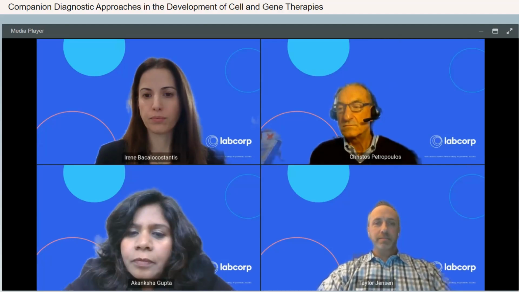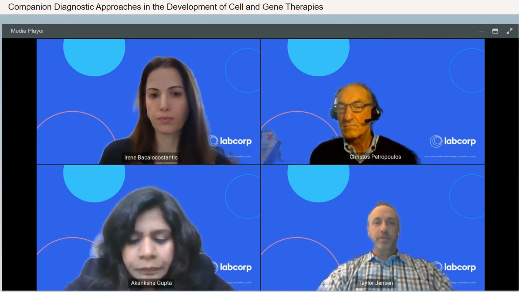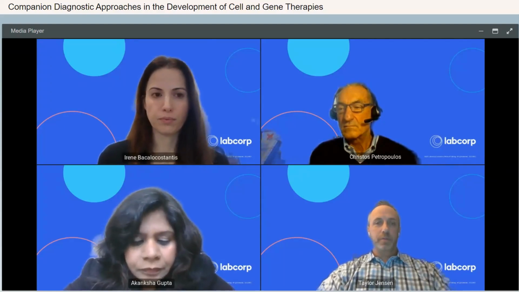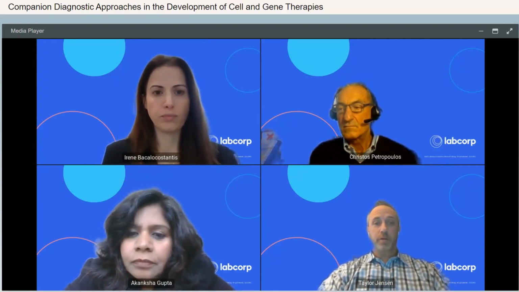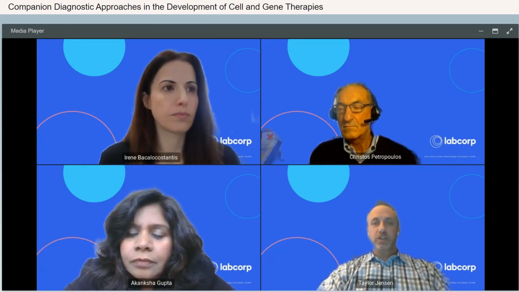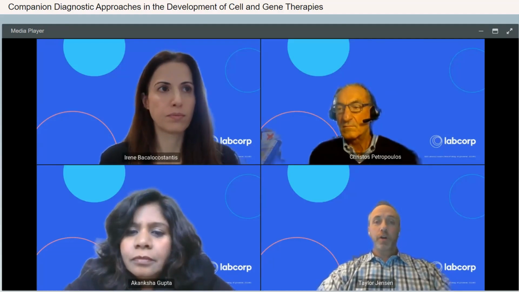In addition to that, since they are designed specifically to look for biomarkers that are present on the tumor cells themselves, you can really think about a variety of different molecular techniques that may be able to be used to measure the presence of that particular biomarker. So something like IHC or flow cytometry for protein-based biomarkers, or even something like RNA sequencing or qPCR, other techniques to measure transcript levels.